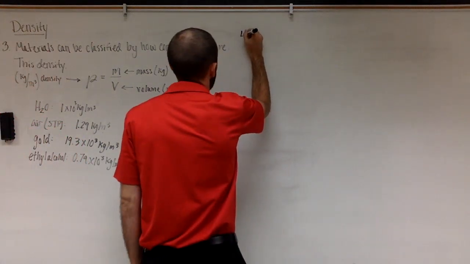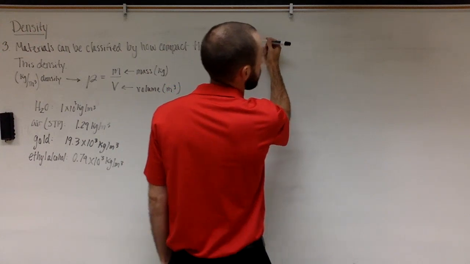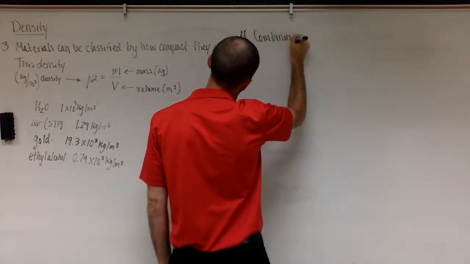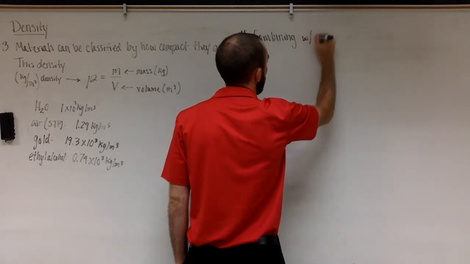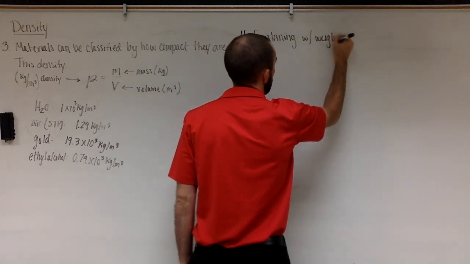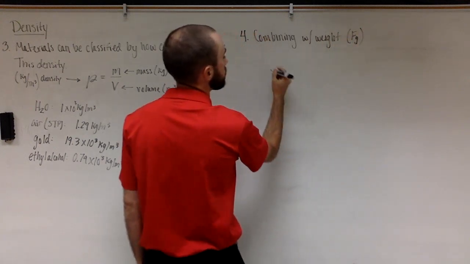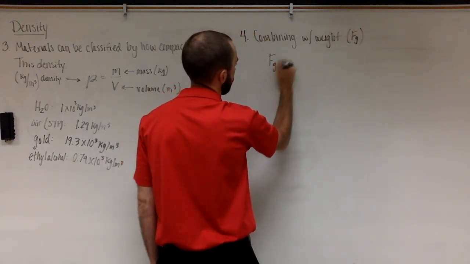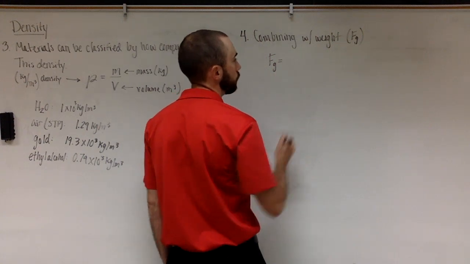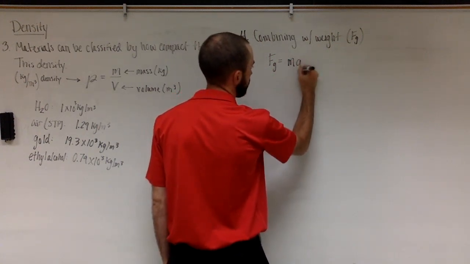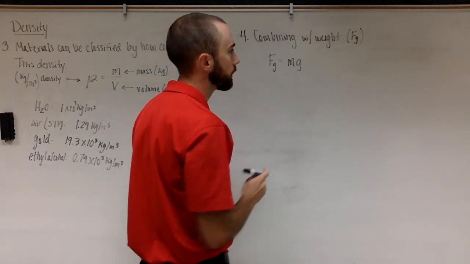And when we combine this with the force of gravity, so this is combining with weight, which we write as F sub G, remembering back to AP Physics 1, we've got force of gravity is mass times acceleration. In this case, that's the acceleration due to gravity.